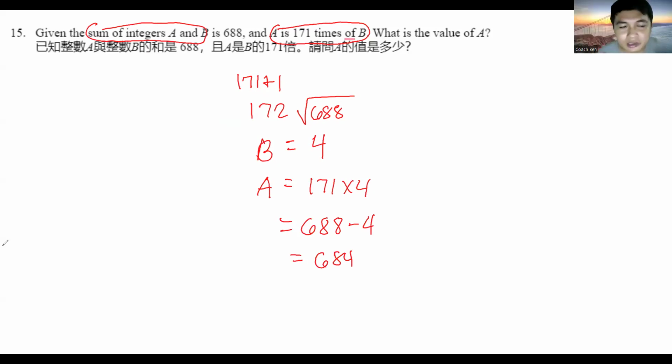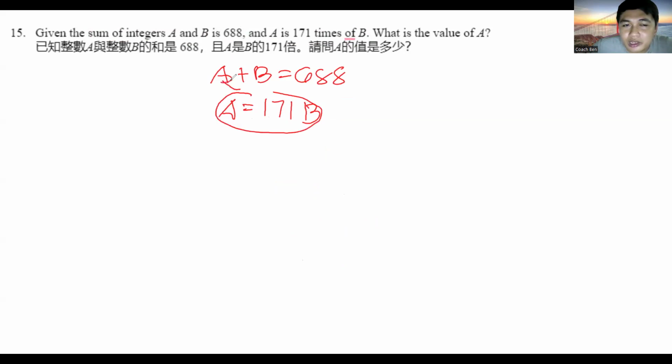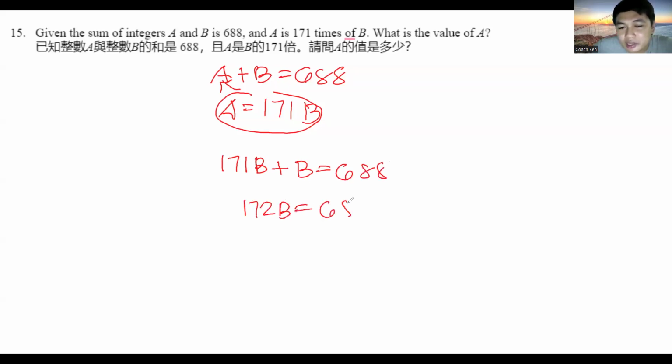So again, let's go over this. That's the short solution. If the question is asking for the sum of two integers and A is a multiple of B, you can just do 171 plus 1, divide the total by that, and you will get B. But the long formula is A plus B is 688, A is equal to 171 times B. So we can use this value of A to do 171B plus B is equal to 688. 172B is equal to 688.